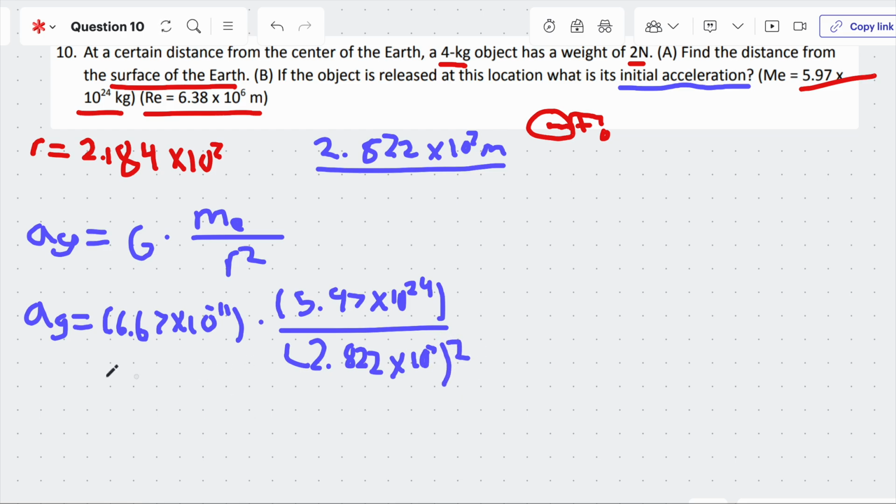All that is squared. Okay, let's do our fraction first. We're going to figure out our top, we're going to figure out our bottom. That's step 2. Then we're going to divide them. That's step 3. So move our big G down.